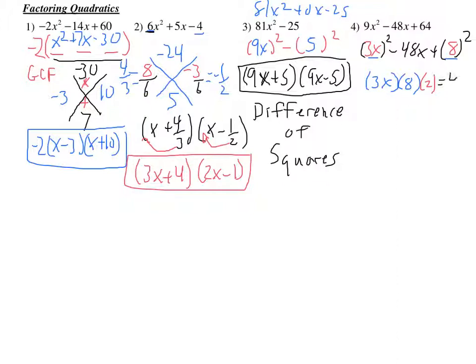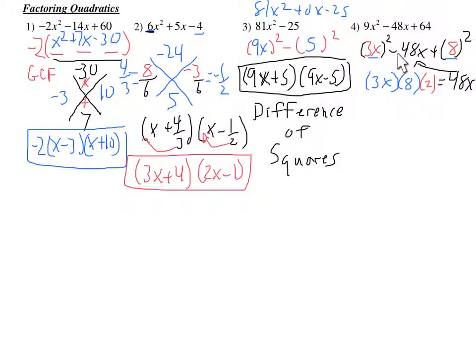Do you see how it matches the middle? If that matches the middle, we're good to go. If that does not match the middle, you stop and the shortcut does not work. It probably won't factor either. It's very likely it won't factor, but the shortcut for sure won't work.